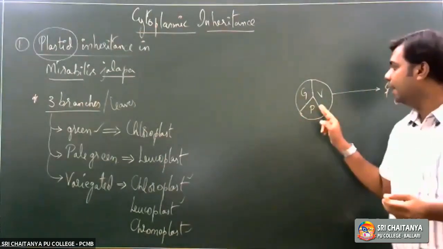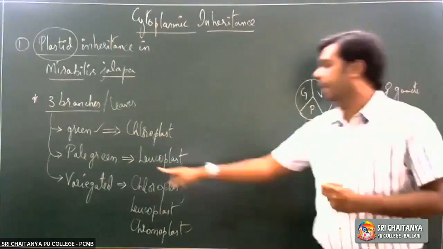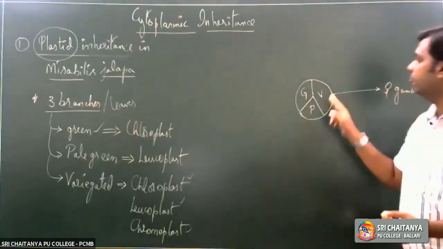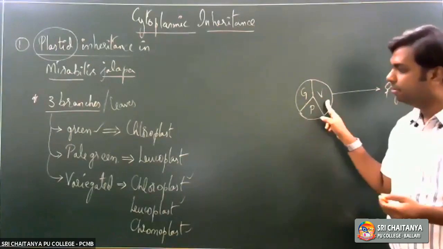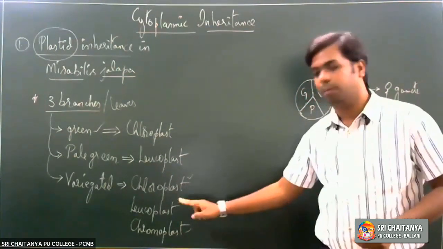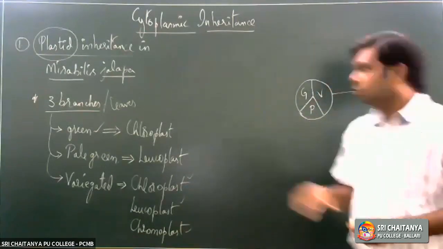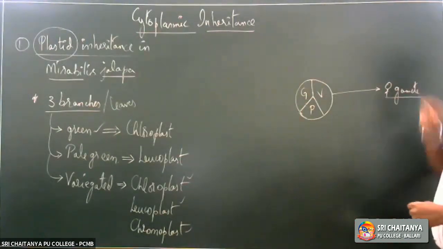Female gamete of pale green branch? They have leucoplast. Female gamete of variegated branch? They have all three different types of plastids: the chloroplast, the leucoplast, as well as the chromoplast. So these three, the inner circle, would represent the female gamete.